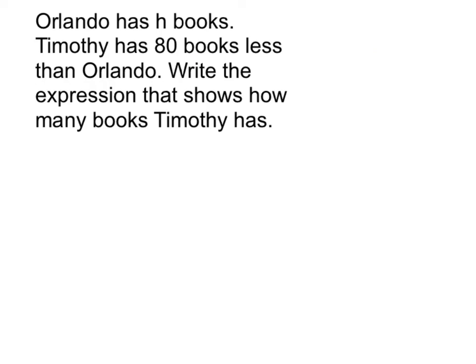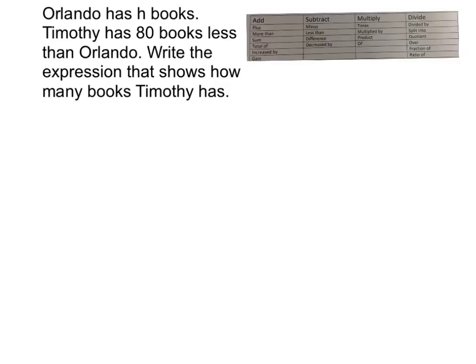So we're looking for Orlando. He's got h books. Timothy has 80 books less than Orlando. Write the expression that shows how many books Timothy has. I brought this chart back in so we can look at this table. So what are we looking for here? What's our key word? We see we've got less than. And when we look at less than, we see that is in the subtract column.